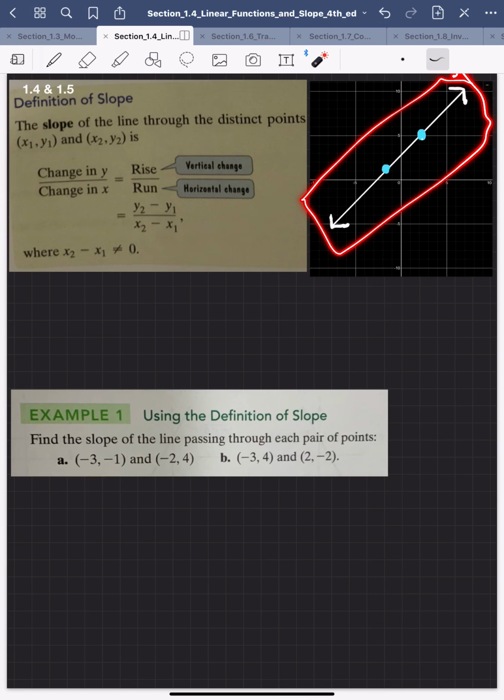Now, what we know is a line is going to have the same slope throughout the entirety of the line.